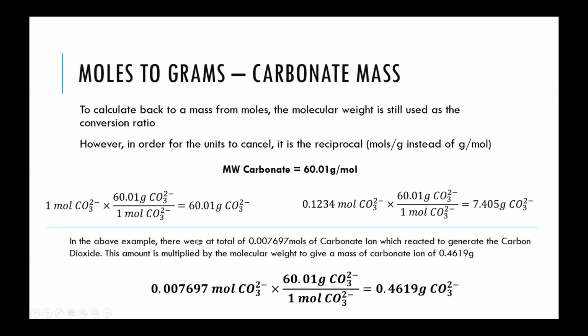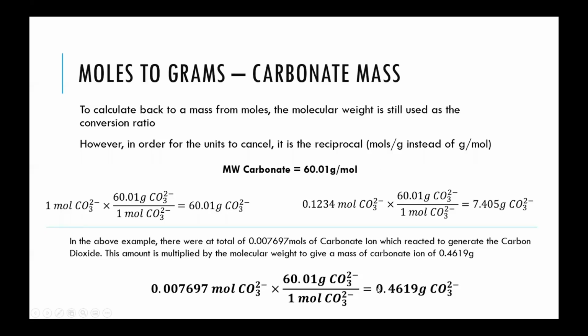Now that you have the moles of the other component, you're converting that back into grams. So you're taking that amount and multiplying it by the molecular weight of carbonate to determine the mass of carbonate.